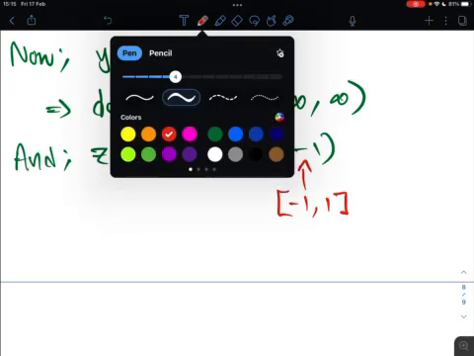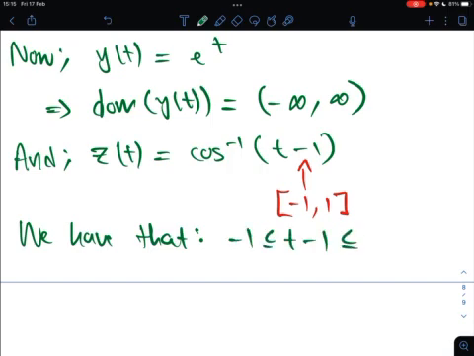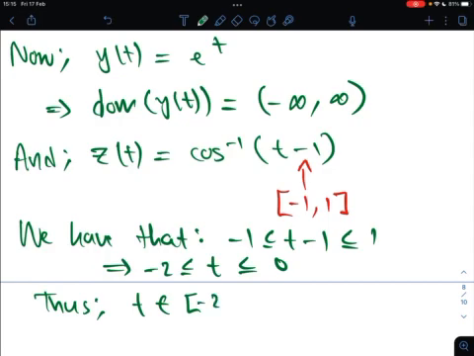So from that, this is what we deduce: t minus 1 must be greater than or equal to negative 1 and less than or equal to 1. So from here we can see that t must be greater than or equal to negative 2 but less than or equal to 0. You see that? So thus t must be an element of negative 2 to 0.